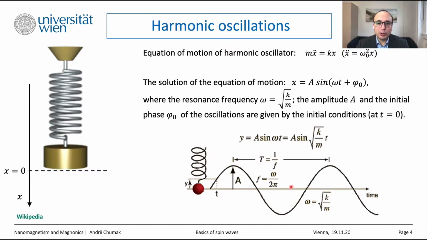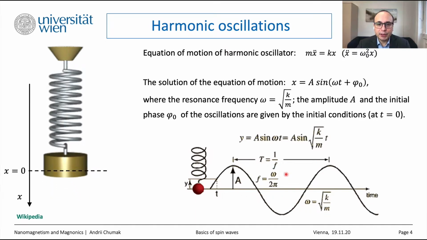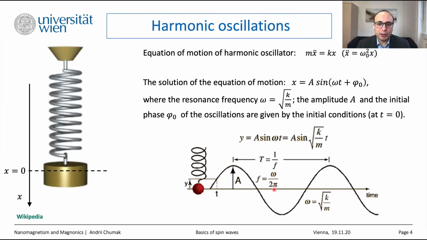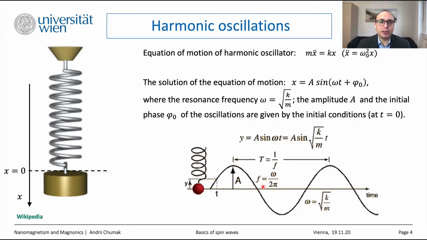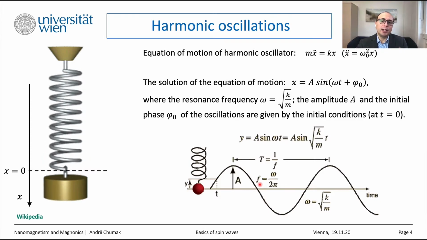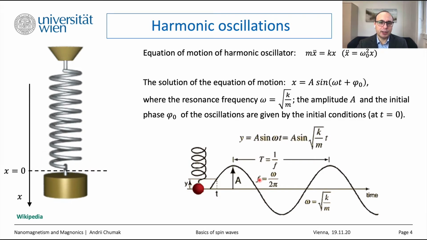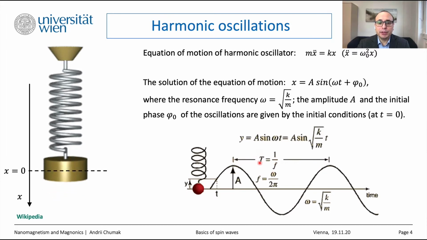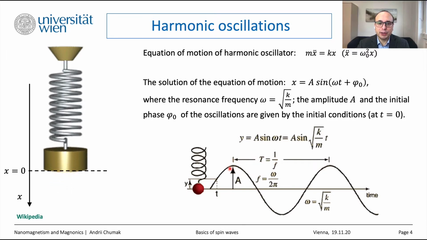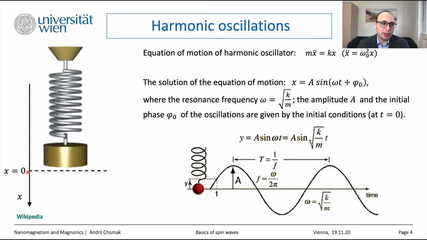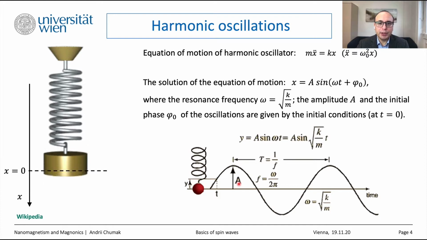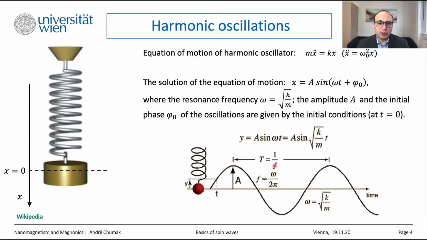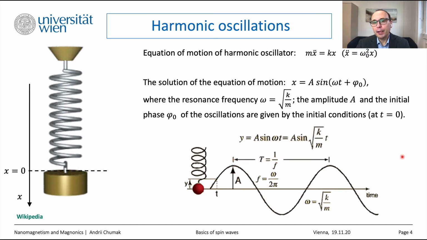Pretty often people also work with a linear frequency f, which is omega divided by 2 pi, and f is measured in hertz. It means how many repetitions, periods, you have per second. And 1 over f is nothing else than the period of our oscillation, the time it takes for our body to move from one point to exactly the same point, and it can simply be found as 1 over f.